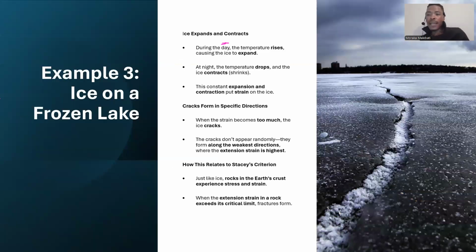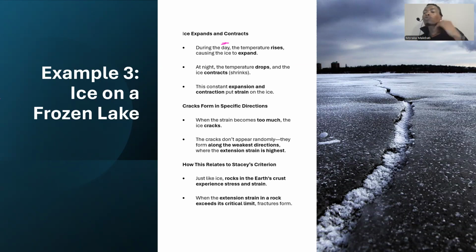Then, last but not least, we also have ice which expands and contracts. We know that during the day the temperature rises, causing the ice to expand, but late at night when things are cool, there is shrinkage. This expansion and contraction puts strain on the ice, and cracks will form.